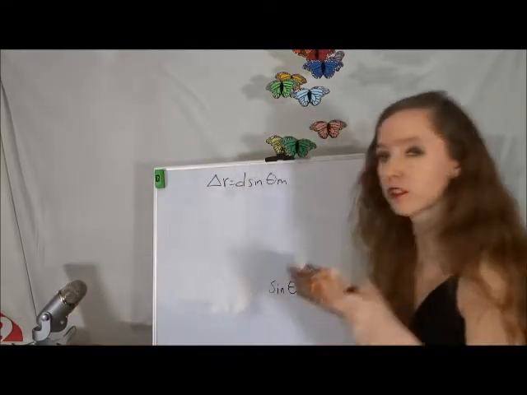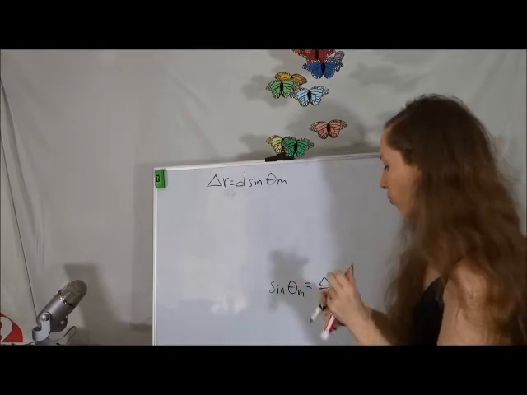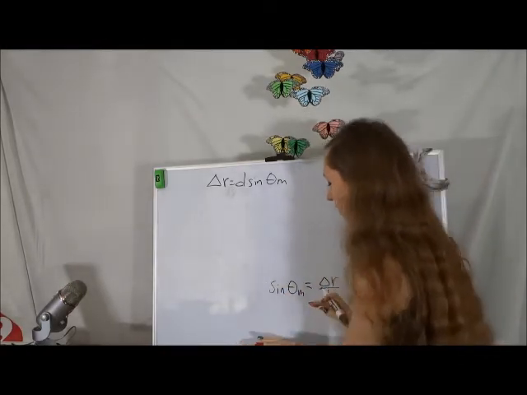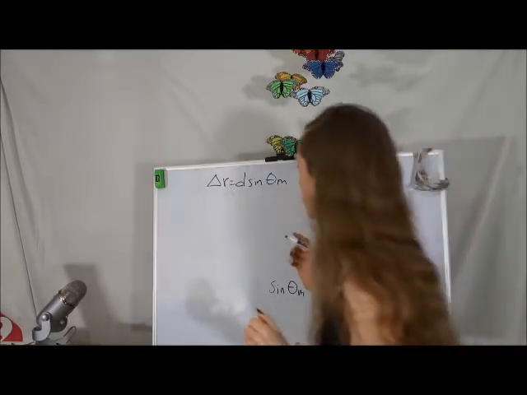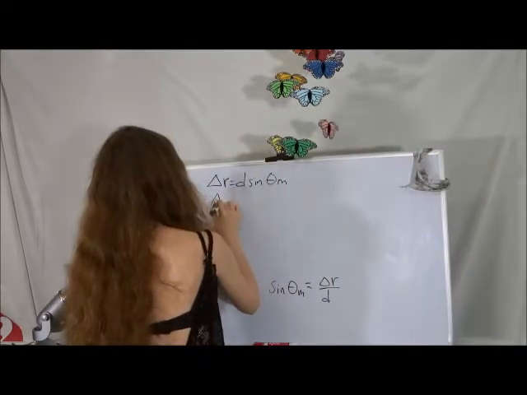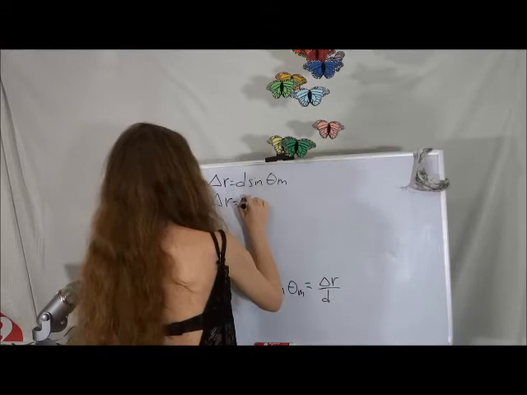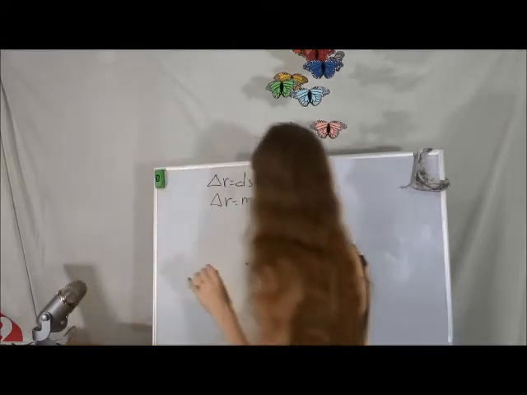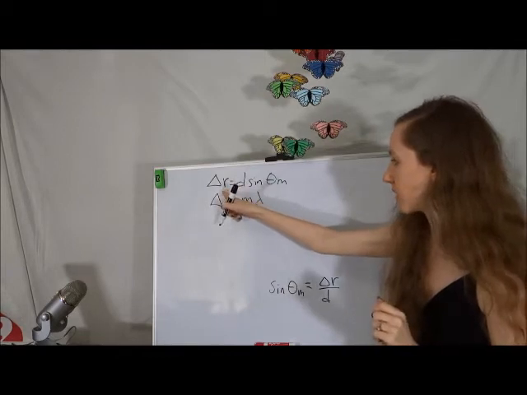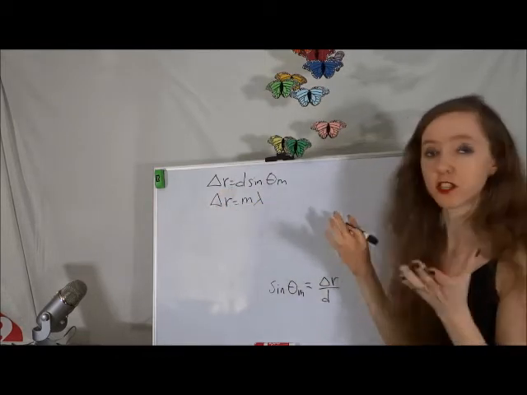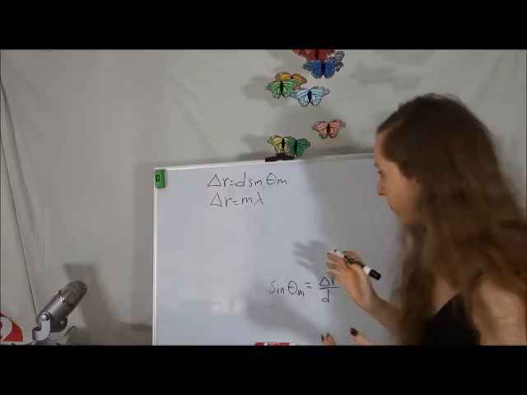Now, if we think back to last week, we learned that for waves, constructive interference happens when we have an integer multiple of our wavelengths, so when delta r is equal to m lambda. Since this is an expression for delta r and this is an expression for delta r, we can just set the two equations equal to each other.